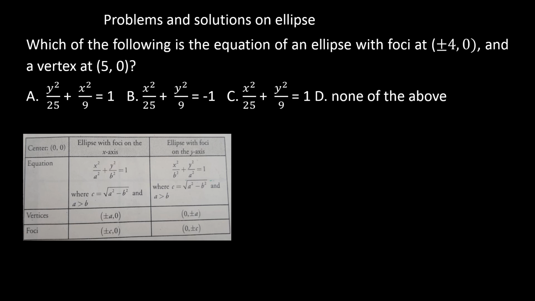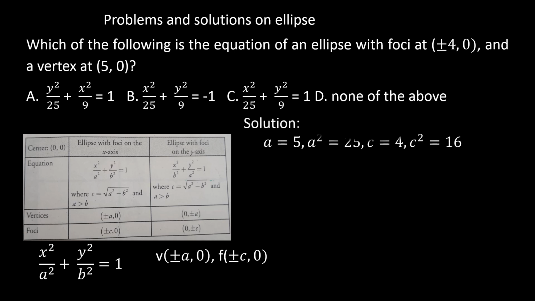That is x squared over a squared plus y squared over b squared equals 1. In the problem, we can easily figure out that the value of a is equal to 5 and the value of c is equal to 4. Then, using the first equation, with vertex at (±a, 0) and focus at (±c, 0), a is equal to 5, so a squared is 25, because we multiply 5 times 5.